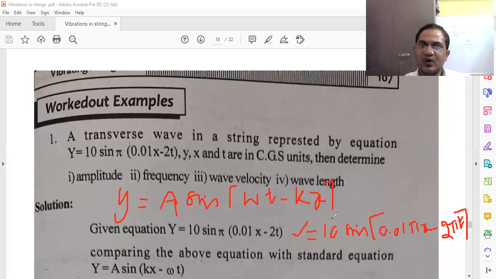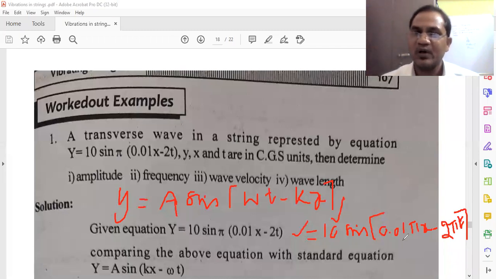A is equal to how much? A is equal to 10. Therefore, amplitude is 10 centimeter. Next, omega t minus kx. Now compare with the x term. Here kx is equal to 0.01 pi x, hence k is equal to 0.01 pi.